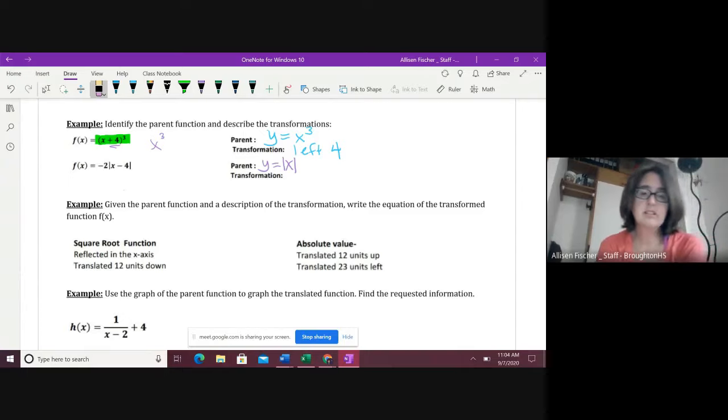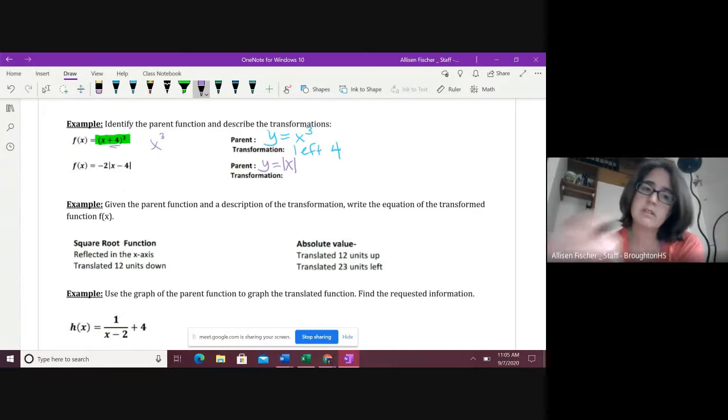Anything else there is a transformation of that parent function. So we need to decide what transformations have taken place. So I like to do this kind of like order of operations. You want to start with anything that is in parentheses first, and then multiplication, and then addition, subtraction.